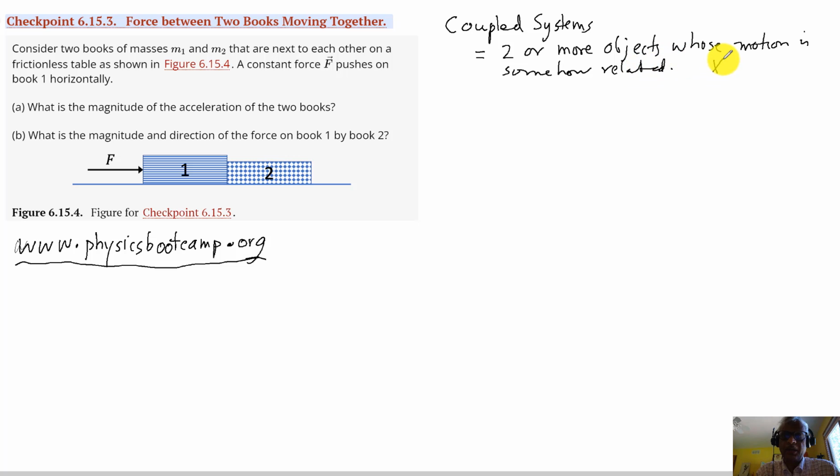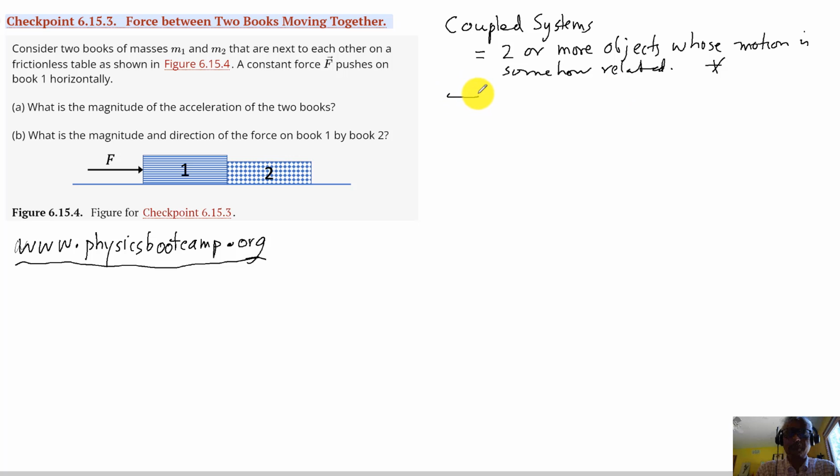And this is a very common problem and confuses a lot of people. Some of the analysis will be for the whole and then for the individual parts.